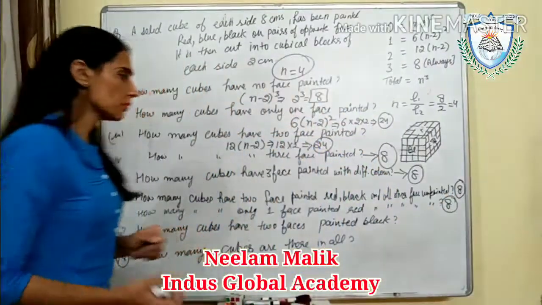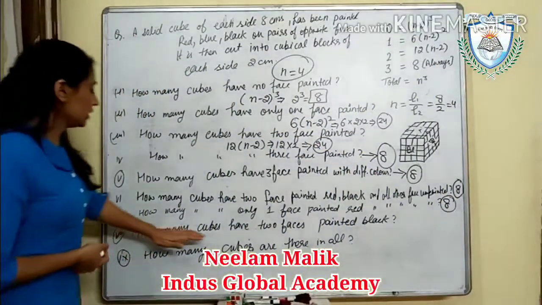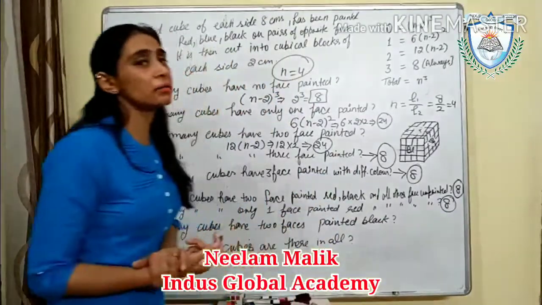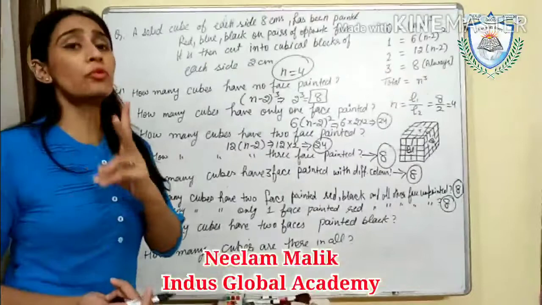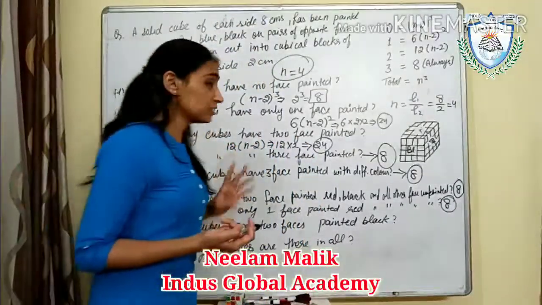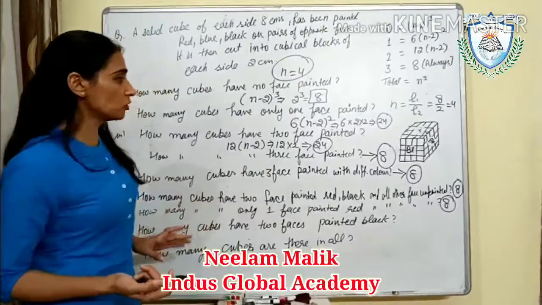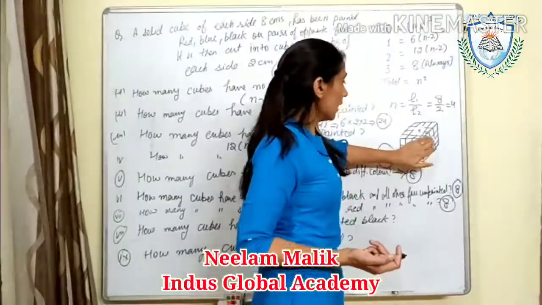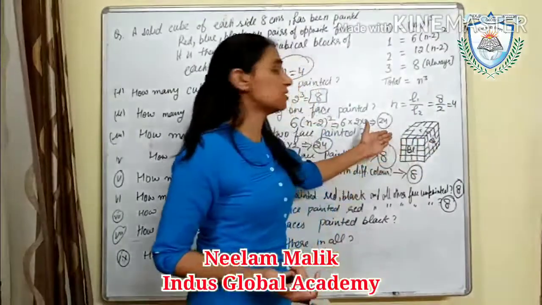Now how many cubes have two faces painted black? Means two faces should be colored, and only with black color. It is not possible, because this is black, this is black, and another black is on that side.